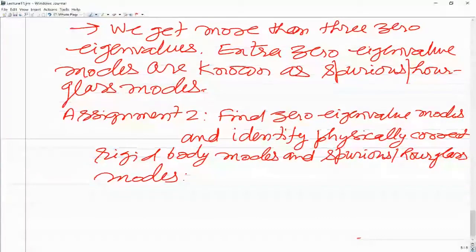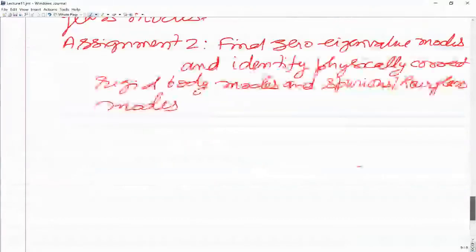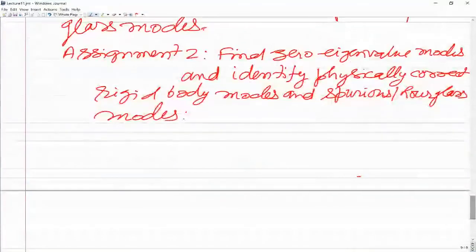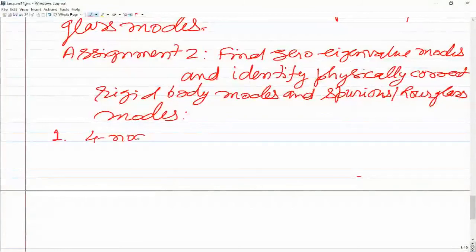You can do this assignment in groups, maybe a group of 4 students. There are 9 different cases, so one group can take just one case. We have already talked about the 4-noded element, and you can do full integration.